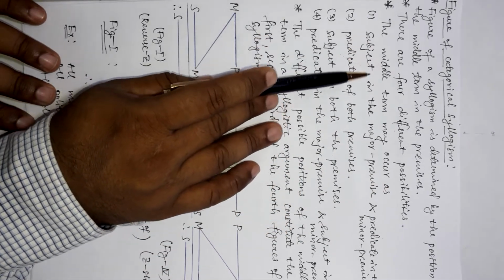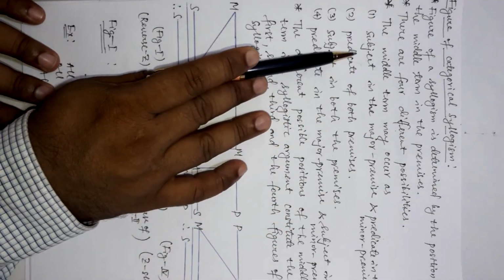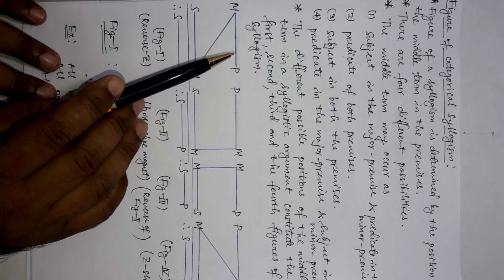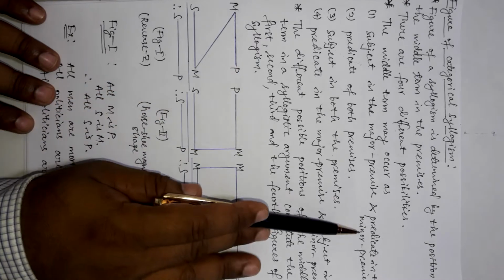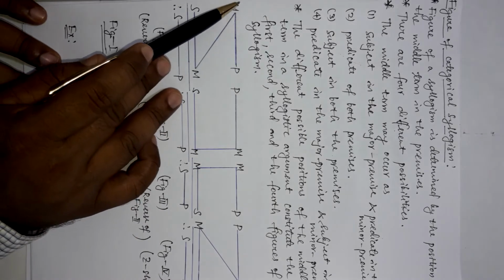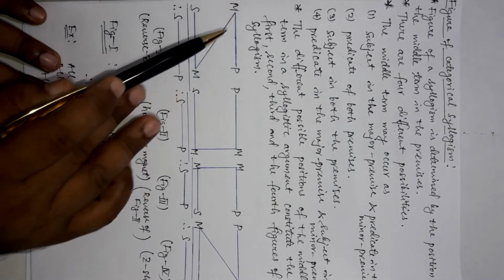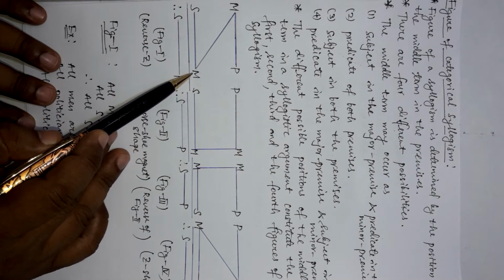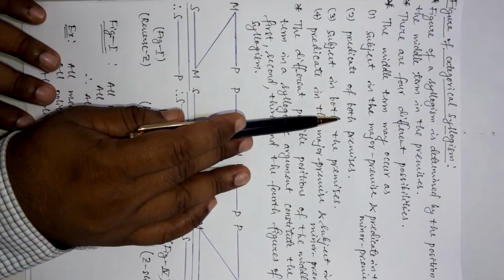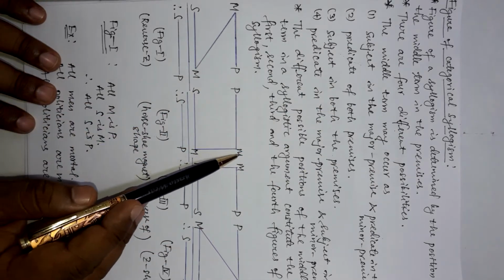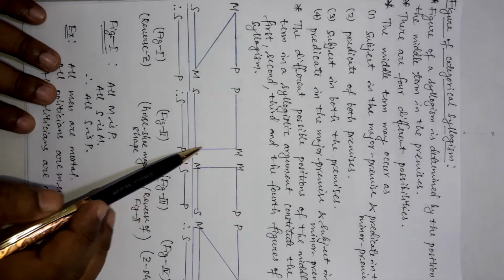The middle term may occur as the subject in the major premise and predicate in the minor premise, or the middle term may occur as the predicate of both the premises. You see, the middle term behaves as the predicate in both the premises.